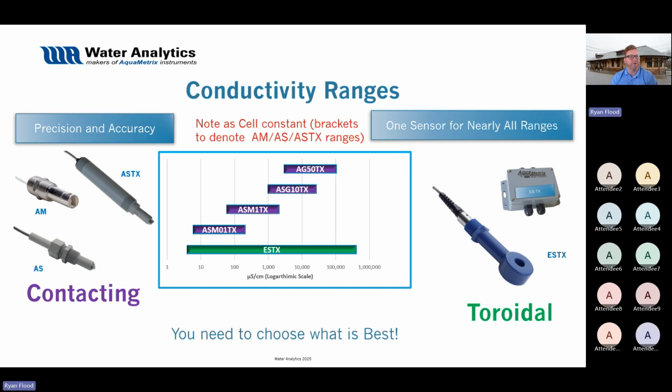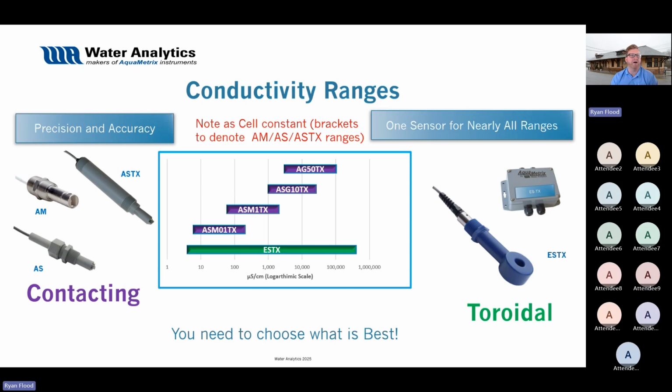You can see here from this slide, which clearly wasn't updated unfortunately, but it should highlight what the different cell constants are. You can see here in the purple denotations with our naming of the ASM or the ASTX series, you have your 01, your 1, your 10, and your 50. Those correspond to your cell constants. And that really is where you can see where your measurement range is.